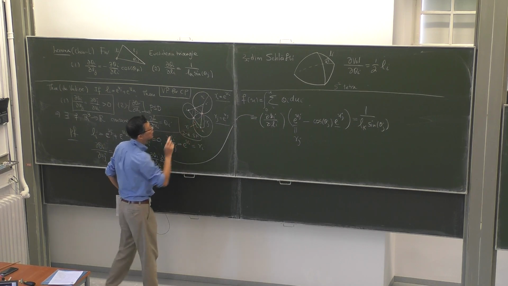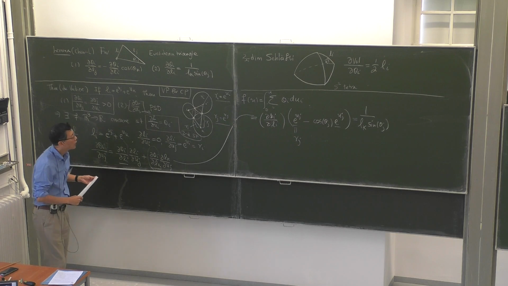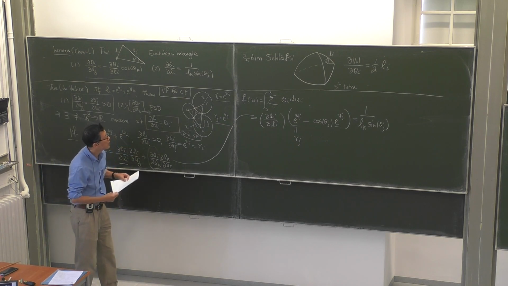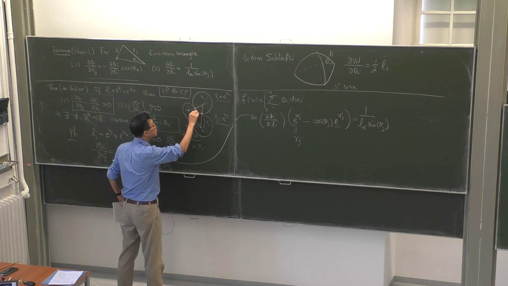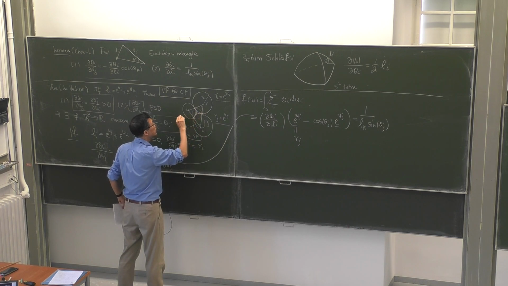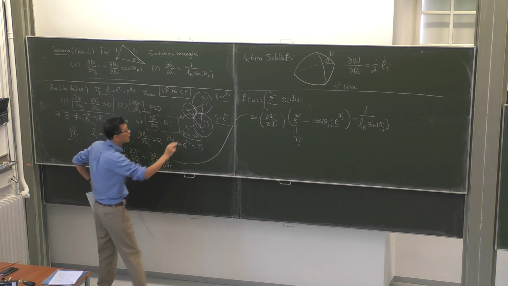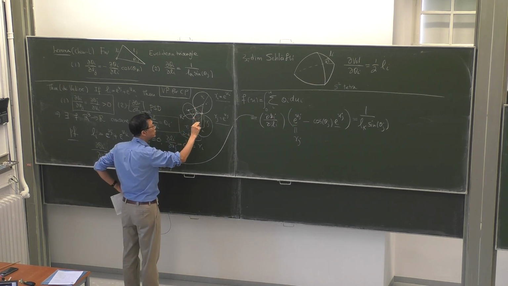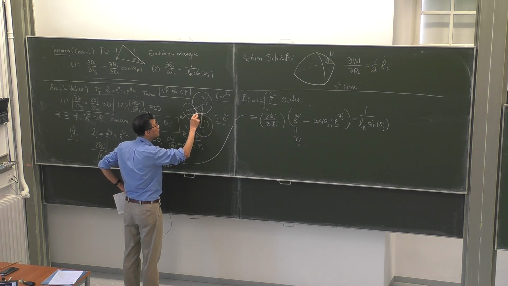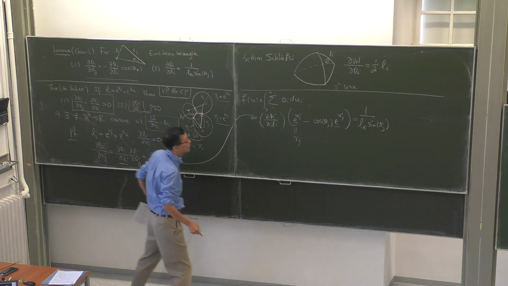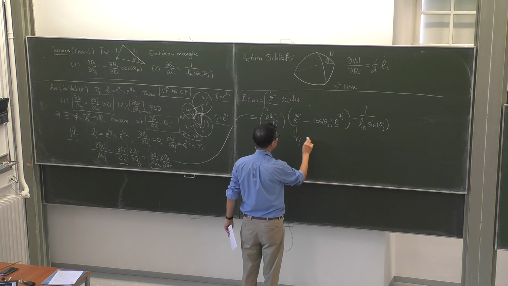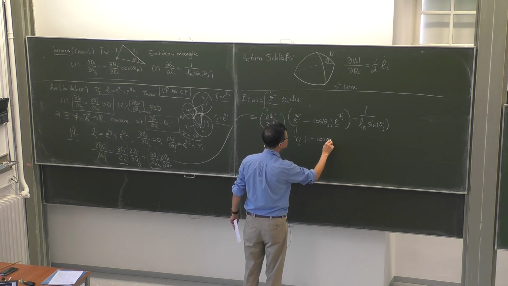That's r_j. So if we call the radius of the inscribed circle r, we can figure out the length r_j in terms of the radius. So maybe I'm going to write this as 1 minus cosine theta_j.